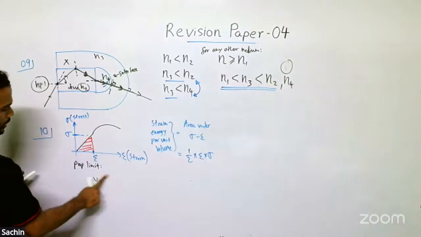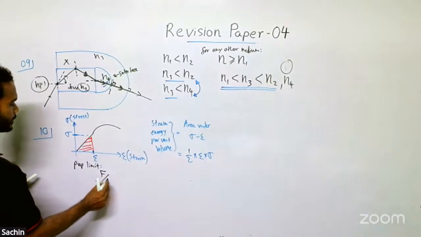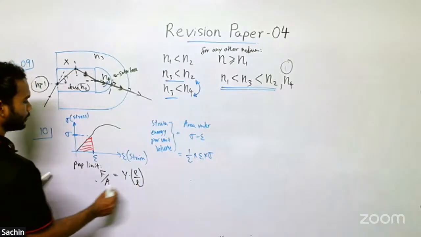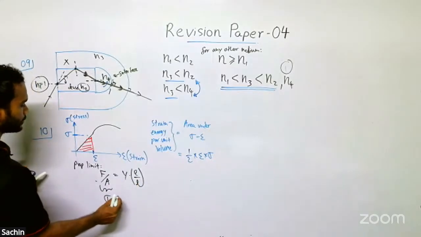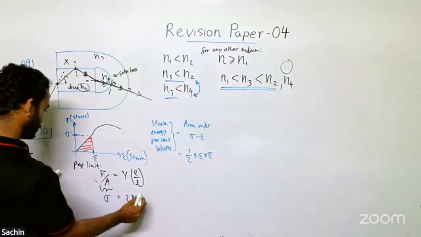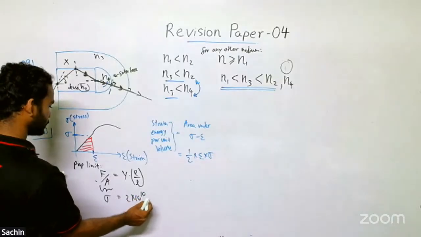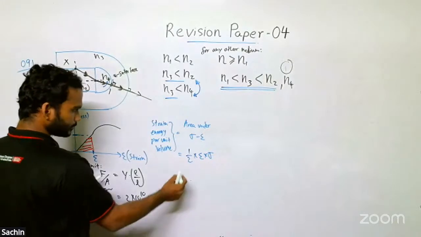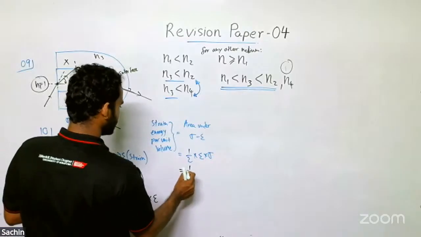So F over A, which is the stress, is equal to Young's modulus, 2 × 10^10, times the strain epsilon.